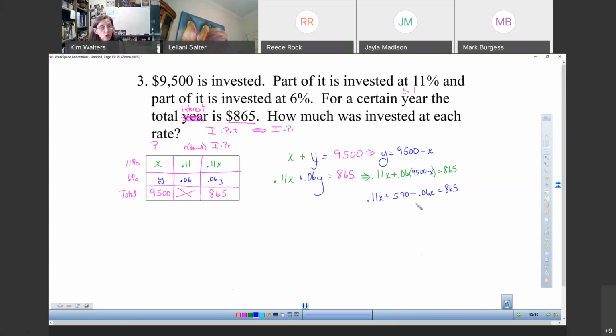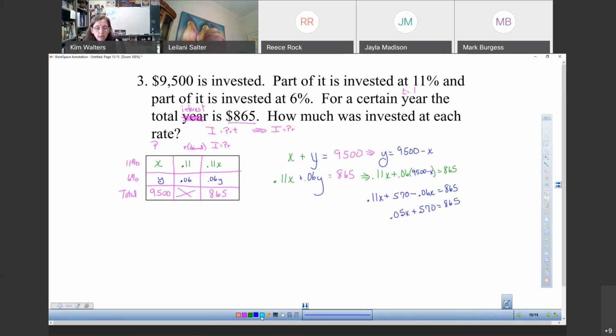Simplify before I solve. This is going to give me 0.05x plus 570 is equal to 865. Use your calculator. These are very messy numbers, okay? So subtracting 570 from both sides.